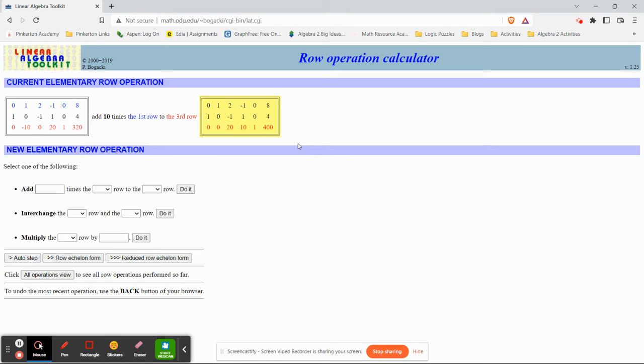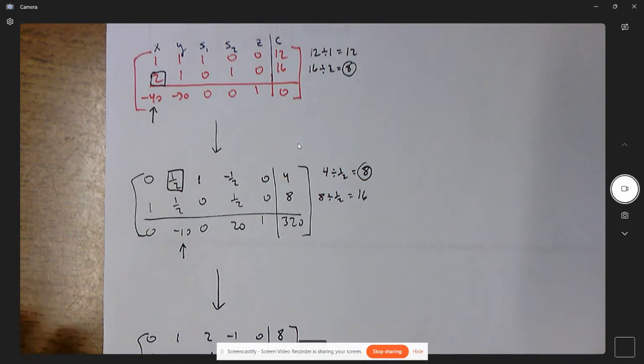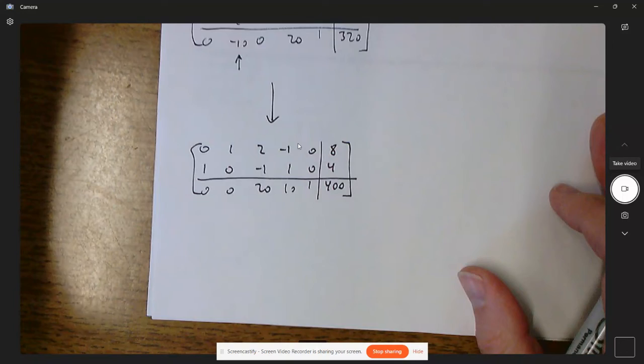Okay, so again, I'm going to take just a second and copy this down. I'm just writing this down on my paper so that we'll be able to look at it and talk about it a little bit. Okay, here's my new matrix.